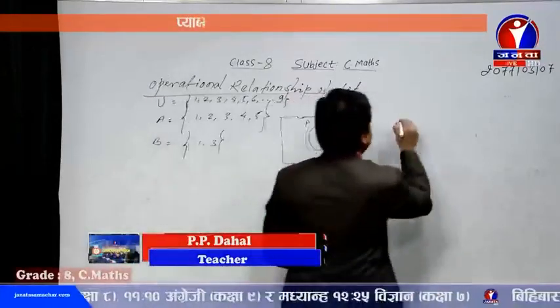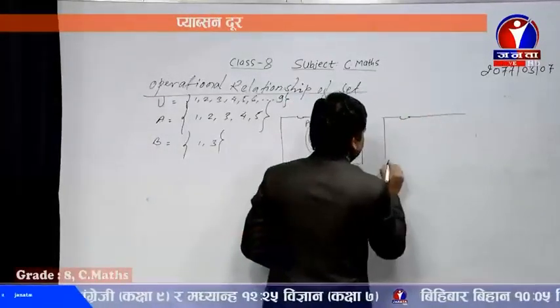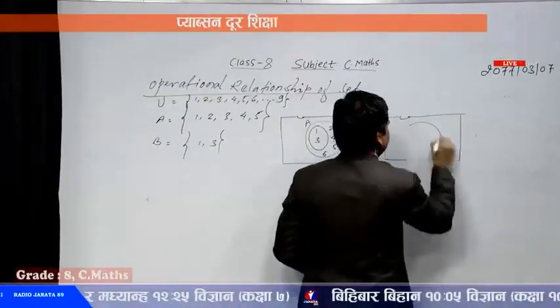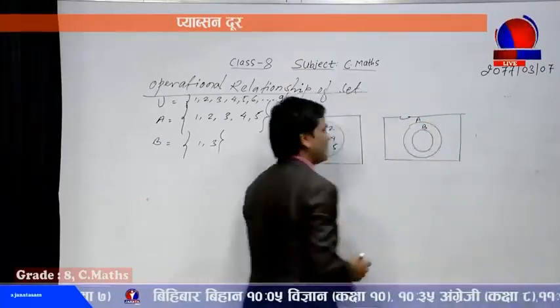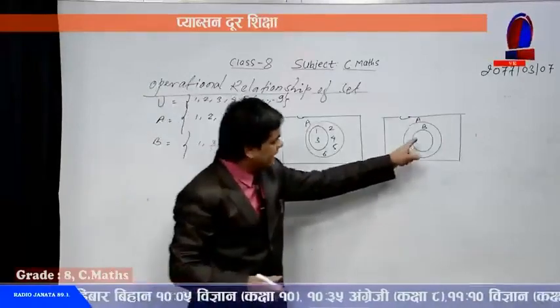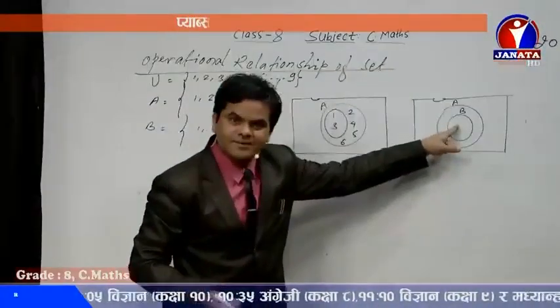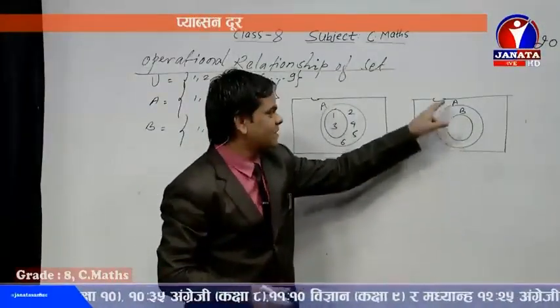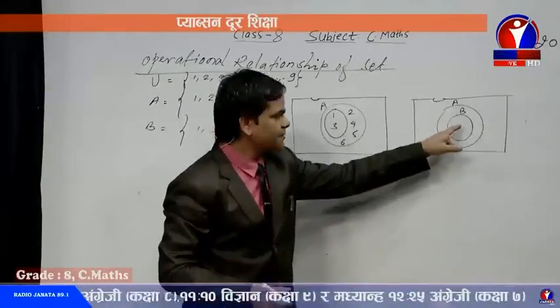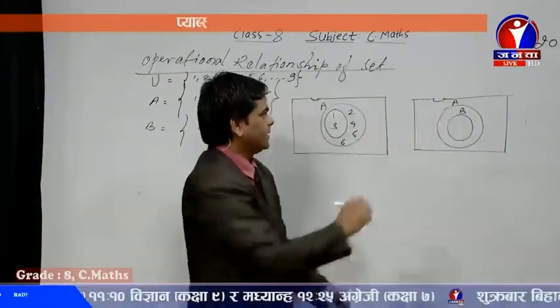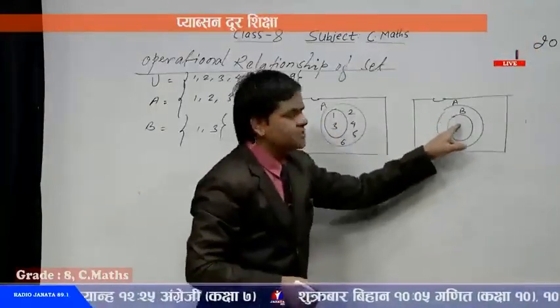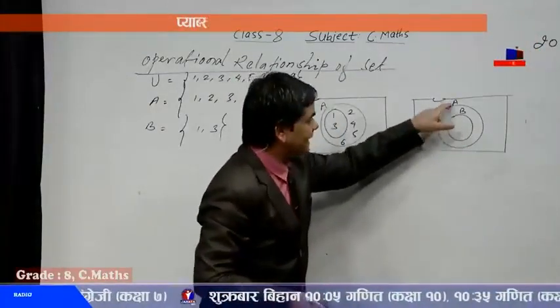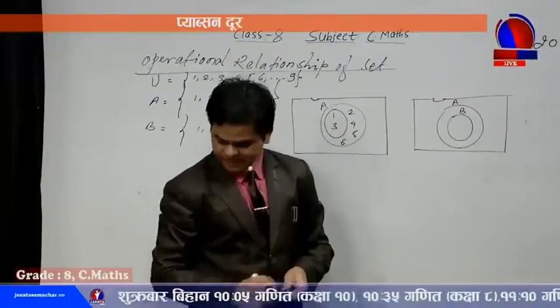So if you see such a situation, dear students, in any question, one set is already there, and if another set is there in this form, then we can say that B is the proper subset of A, because all the elements of B are included in set A.